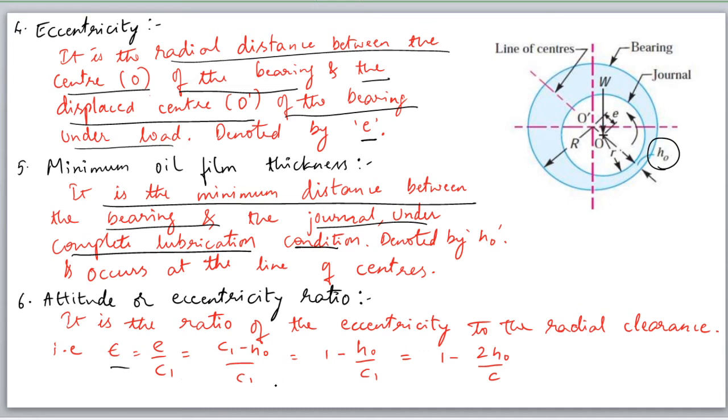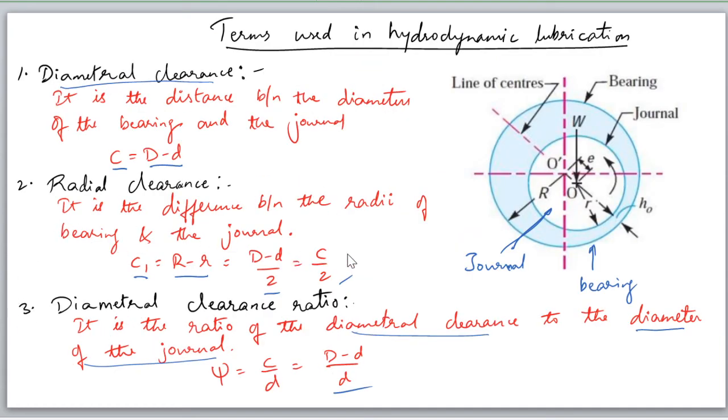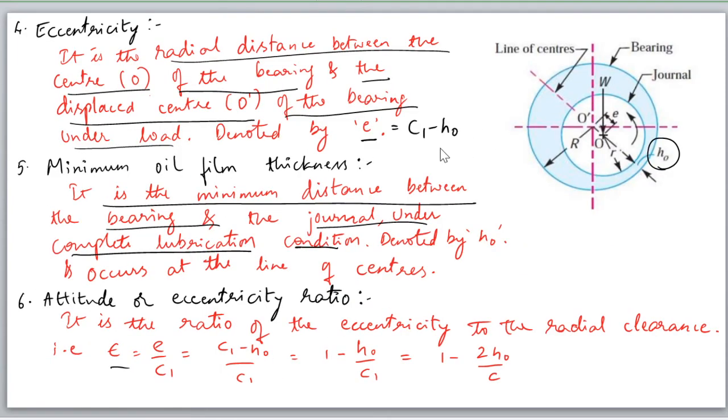Epsilon is equal to e by C1, where e is the eccentricity, that is the radial distance between the center O of the bearing and the displaced center O dash, and that can be given as C1 minus h0, where C1 is the radial clearance, that is the difference between the radii of the bearing and the journal, and h0 is the minimum film thickness. So that will give you the eccentricity.